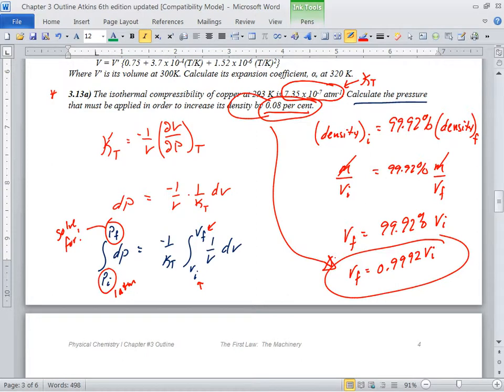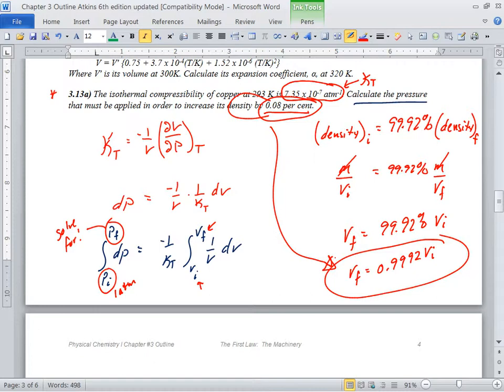My brain couldn't do it. Because since they said density, I had to start there. I guess if you just remember, VF equals the opposite of the percent VI in decimal form. I don't know, it's hard. But to me, that's what makes this problem really tough, and that's why we're doing it. So now you know what the limits are.